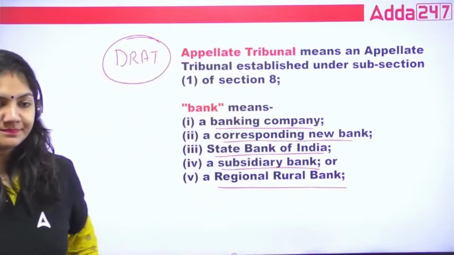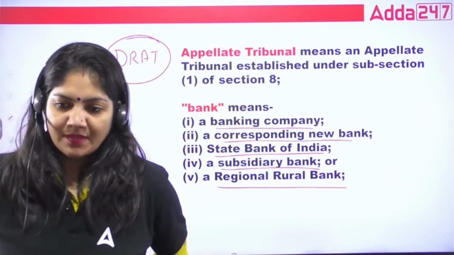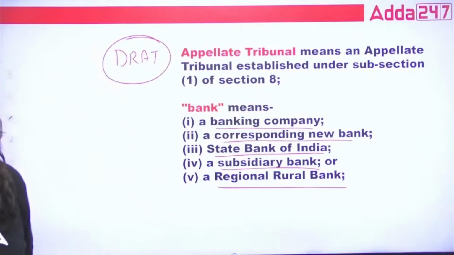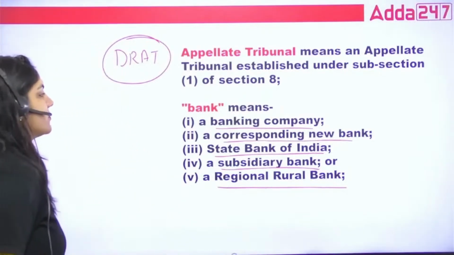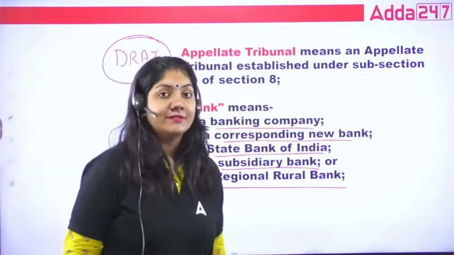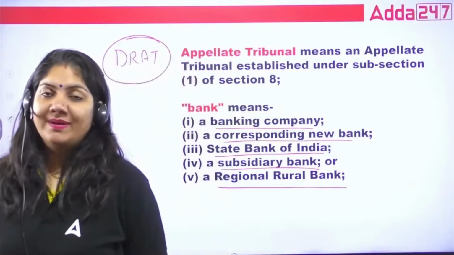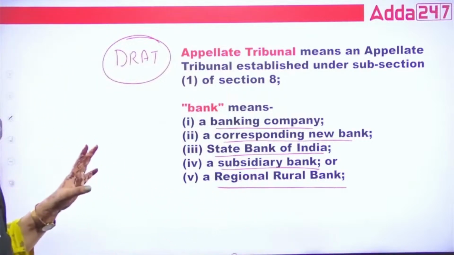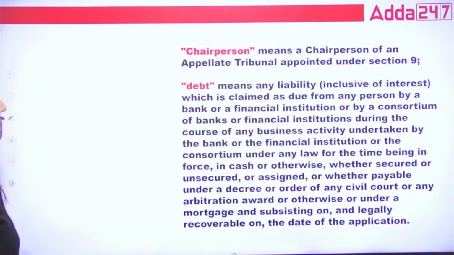See, that can come in the form of a question, that what is a bank under the DRT. By seeing the definition, you can easily identify which kind of question can be made from this.